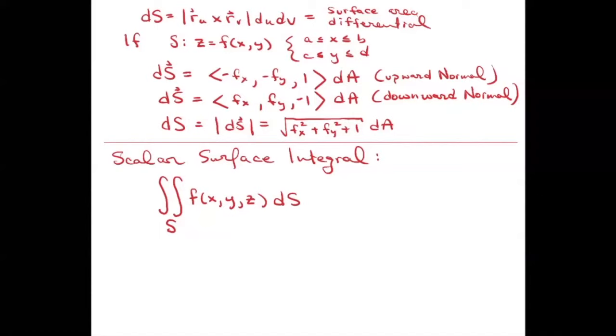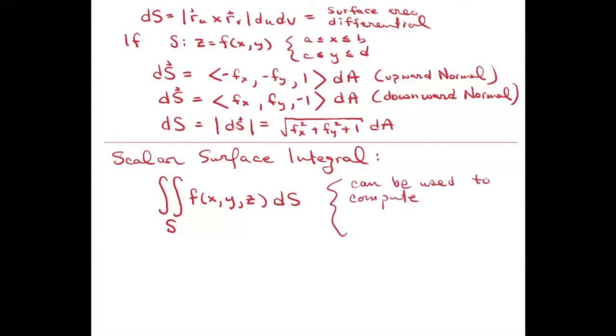Okay. Now normally f could represent mass density. So this would be the mass of a surface, something that has very little thickness, basically. Okay, so this can be used to compute moments. I'll say any moments.